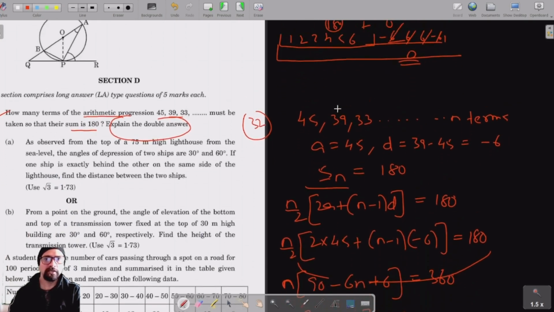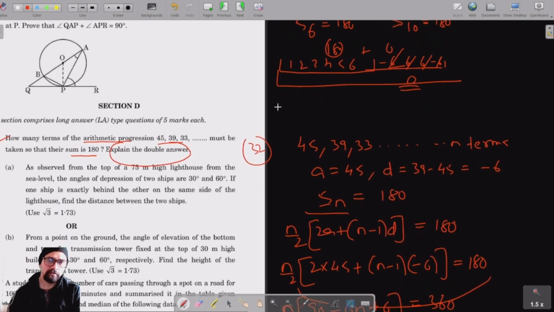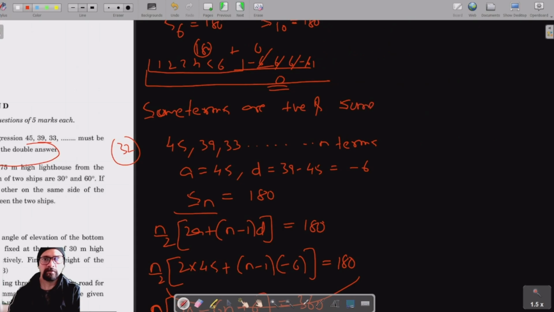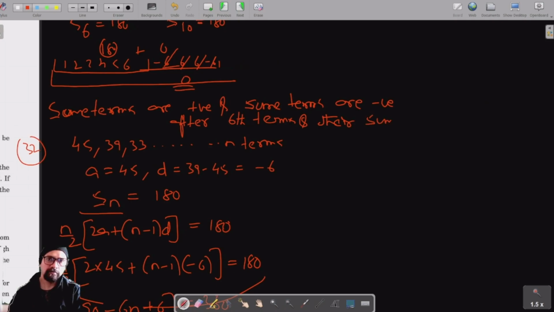That means that some terms are positive and some terms are negative after the sixth term, and their sum is 0.